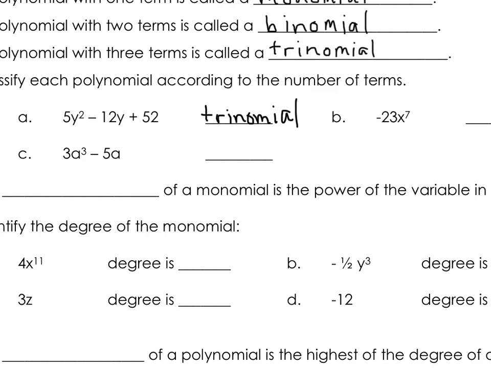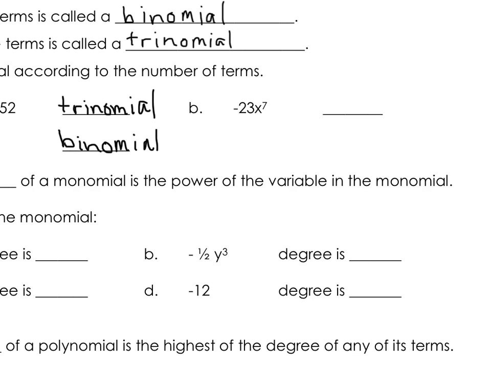How many terms? 2. So it is a binomial. Negative 23x to the 7th. How many terms? 1. It is a monomial.